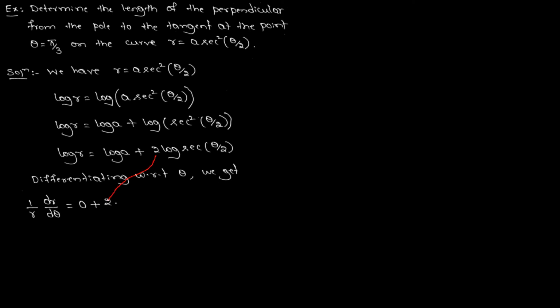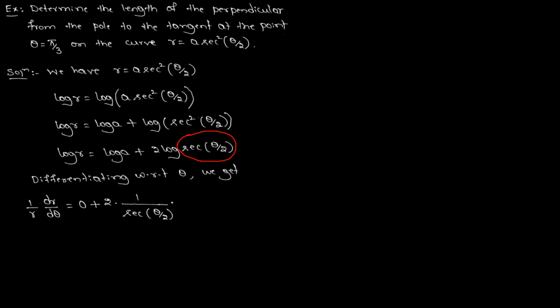Here 2 is a constant, keep as it is, into the differentiation of this term. This is a function of a function, so by using the chain rule, when we differentiate log, we get 1 divided by secant of theta by 2 into differentiation of secant theta by 2.